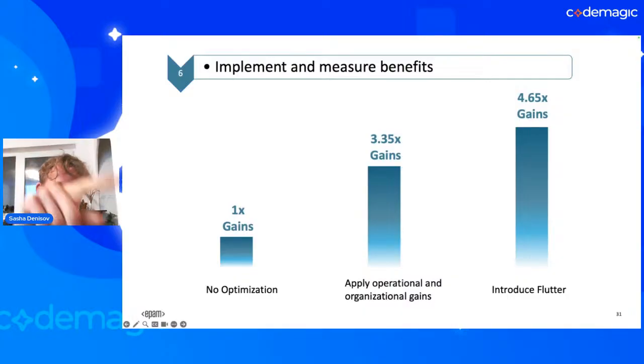So you see no optimization, 1x, after operational and organizational optimization, 3.35x, and then after moving from native to cross-platform, the gain is 4.65.